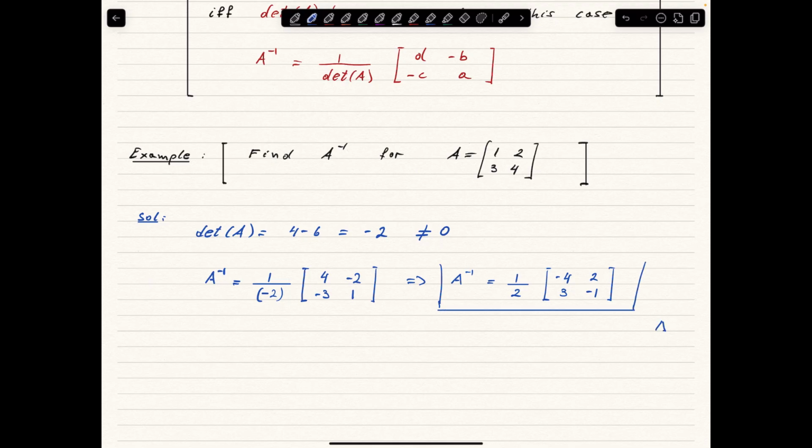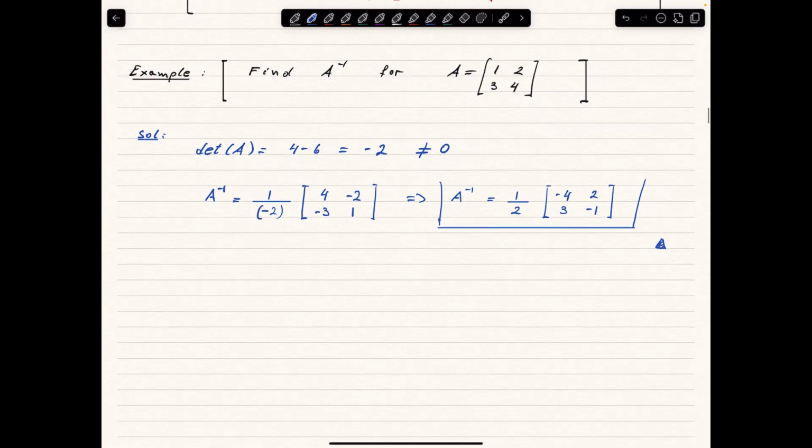So now it would be maybe a good idea to verify that this is actually the inverse matrix. So how do we verify? Check or verify. Well, we need to do the calculation. Let's do the multiplication on the other side now, A times A inverse, as the one we did before. So what is that?